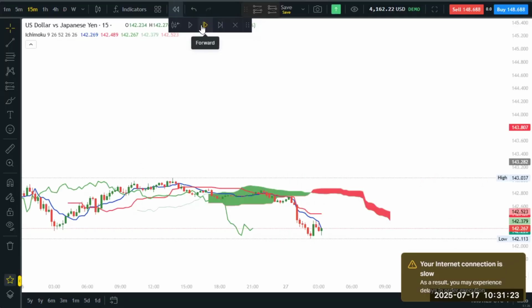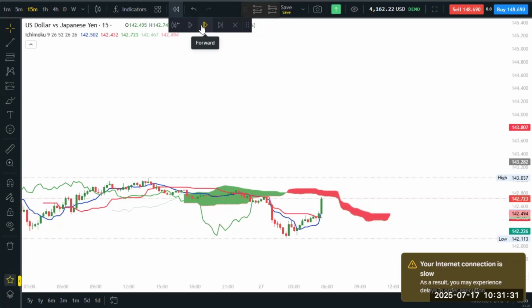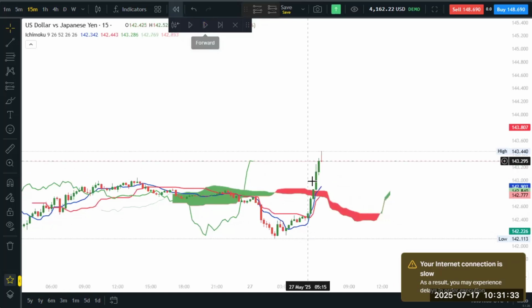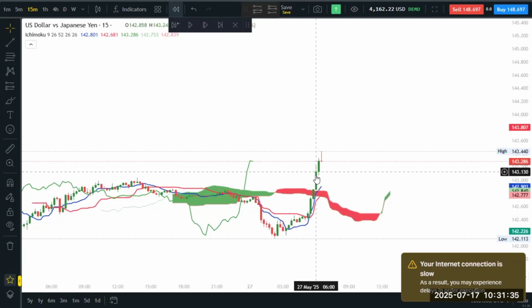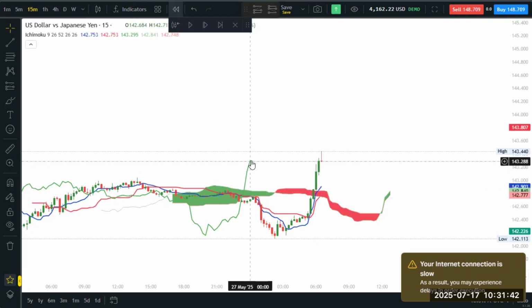I'm going to show you a bar replay example of how you can apply the Ichimoku trading strategy. So let's go on. We have our candle here. This candle broke above our cloud. The blue line is above the red line, and the lagging indicator is above the cloud and also above our price.